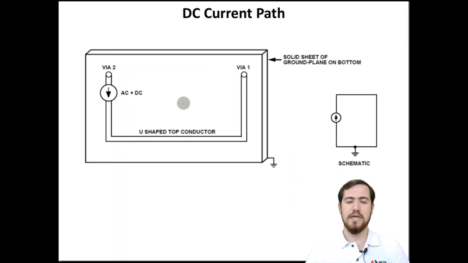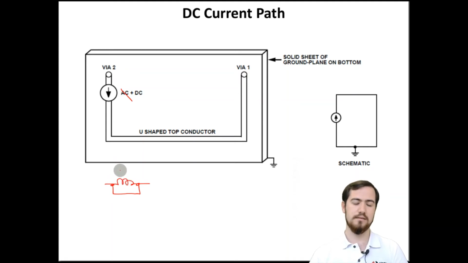So let's begin with the DC current path. We are now ignoring the AC component, and let's say we have only a DC component. And we know that the inductors act as a short circuit for a DC operation. So here we do not need to think about the inductors, but we need to focus on the resistors.